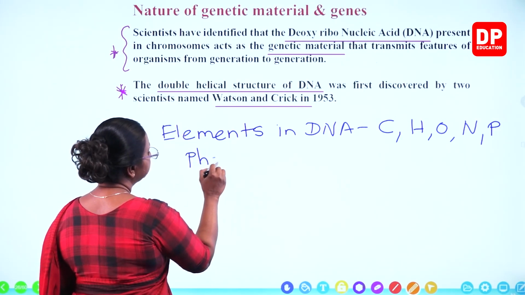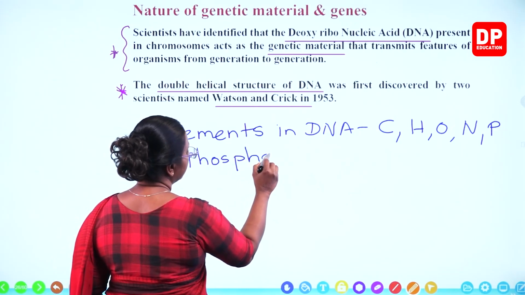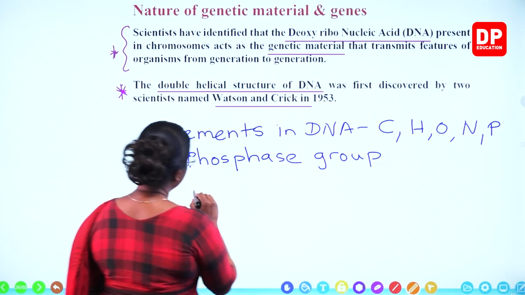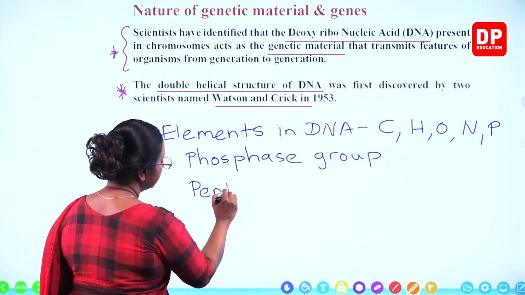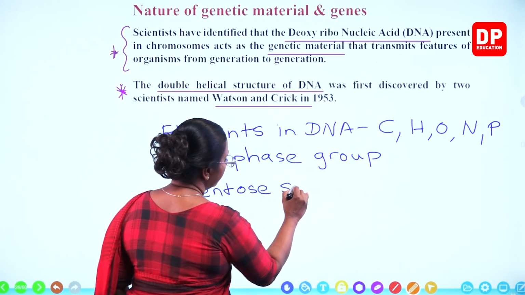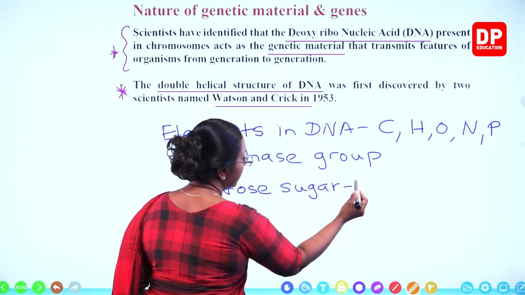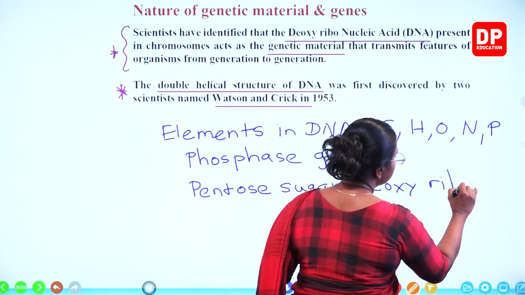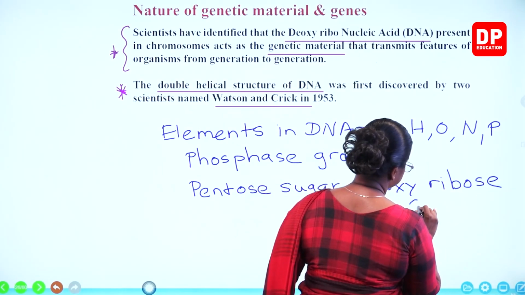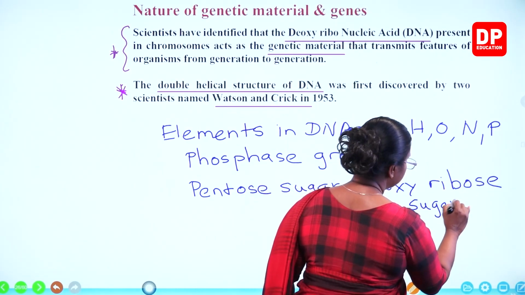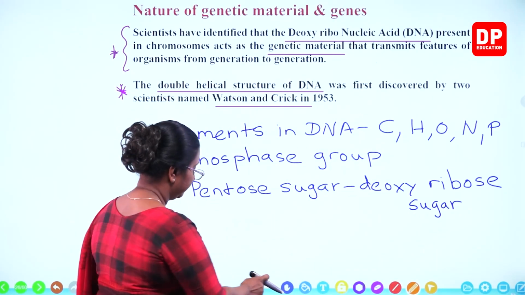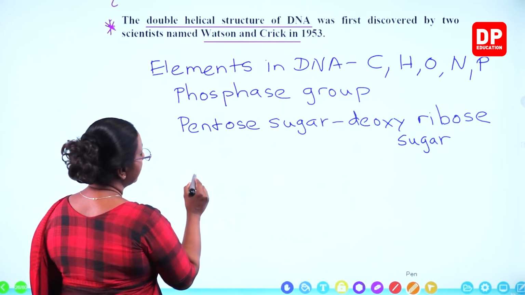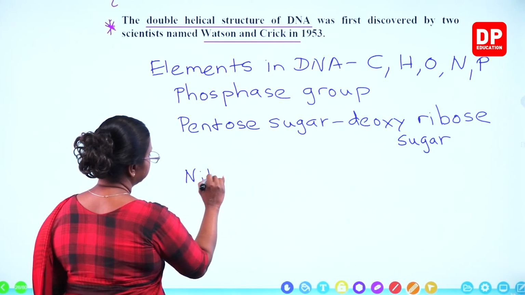Phosphate group, then we have the pentose sugar. What is this pentose sugar? That is the deoxyribose sugar. And what is the other one? The third component, that is nitrogenous base.